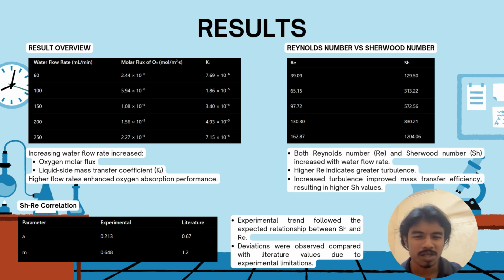These deviations may be caused by experimental limitations, measurement errors, or assumptions made during calculation. In conclusion, the results confirm that increasing the water flow rate improves the turbulence, enhances mass transfer, and increases oxygen absorption efficiency.